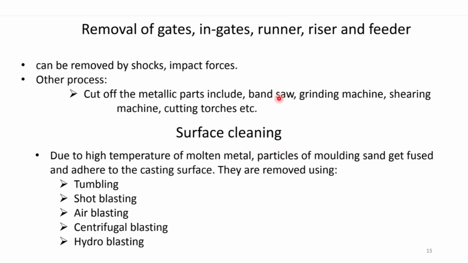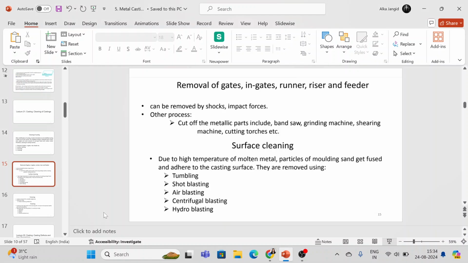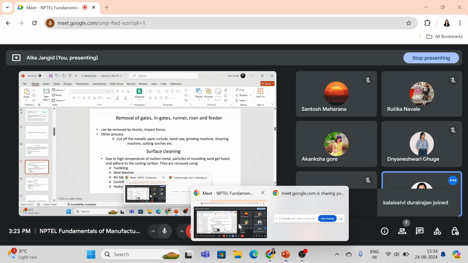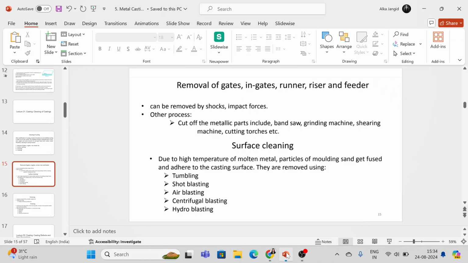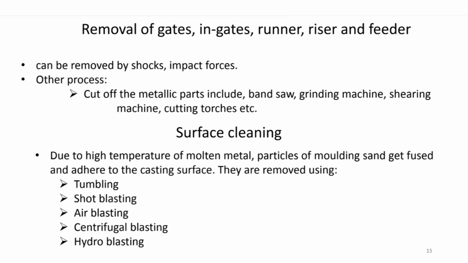Next is surface cleaning. Due to the high temperature of the molten metal, particles of molding sand get fused and adhere to the casting surface. These are removed using tumbling, shot blasting, air blasting, centrifugal blasting, and hydroblasting. For example, in the case of shot blasting, you have shots of steel.